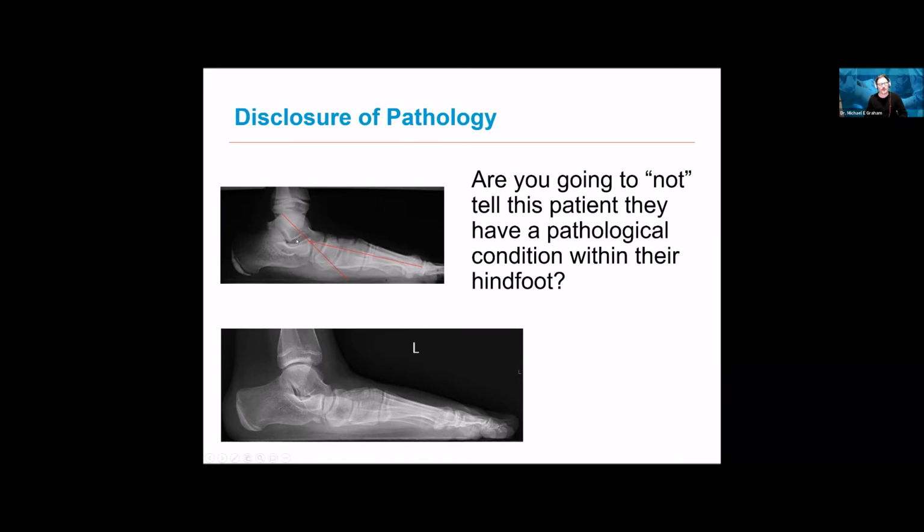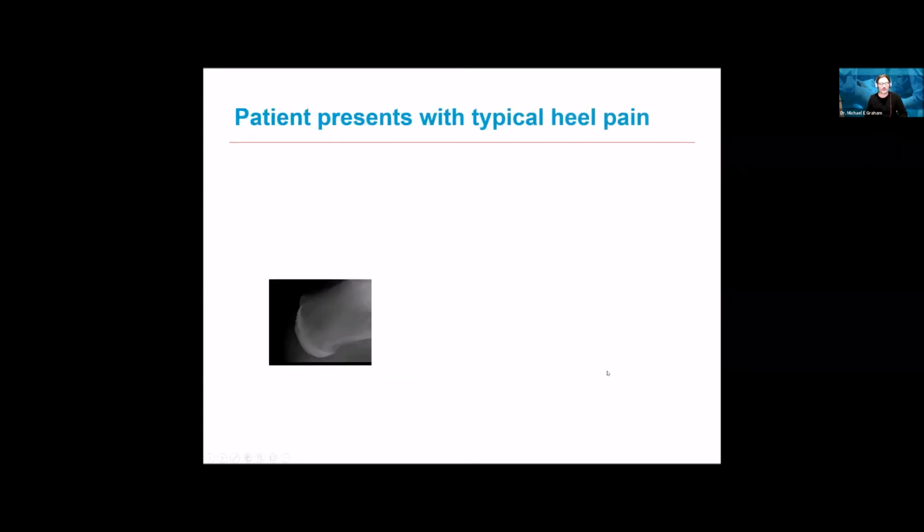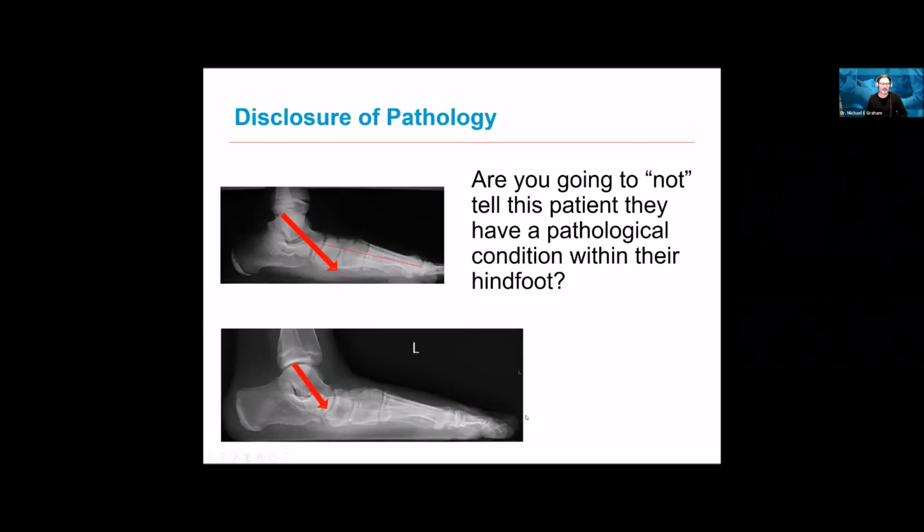The talus is partially dislocating on the heel bone, and that's what creates the excessive forces that are now causing the pain in your big toe joint. Okay, so look at this x-ray here on the bottom too. That's never going to go away. It's only going to get worse. Okay, so our due diligence is to tell the patient that that exists.